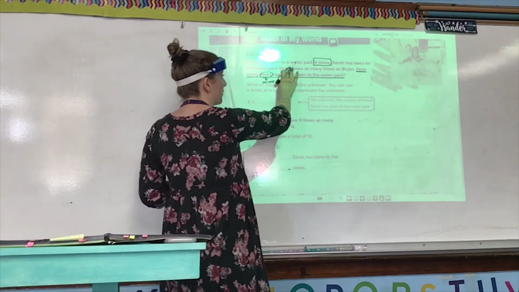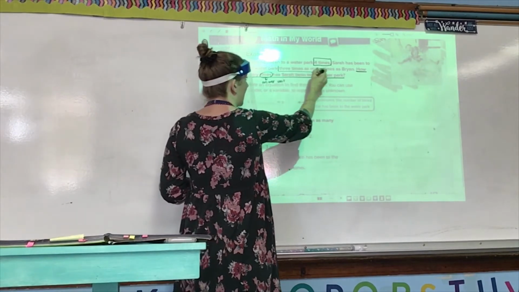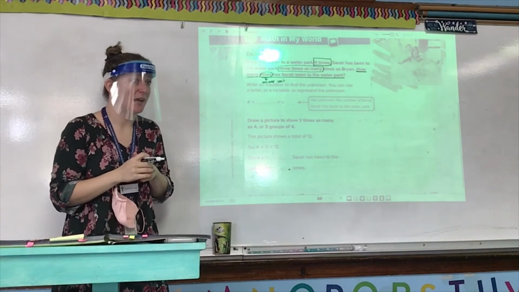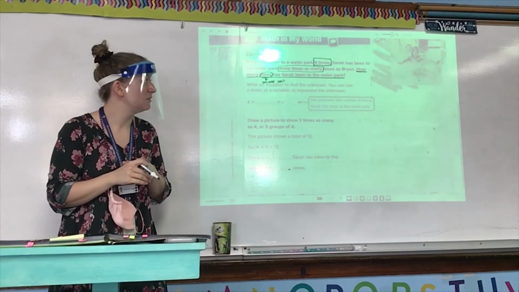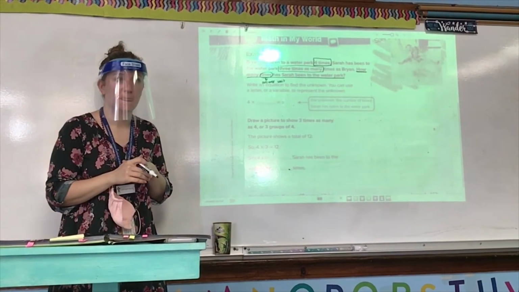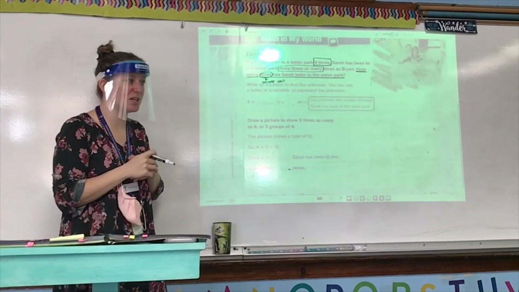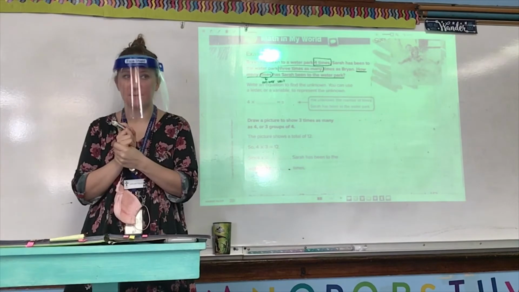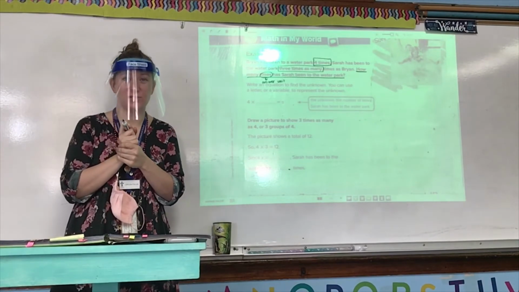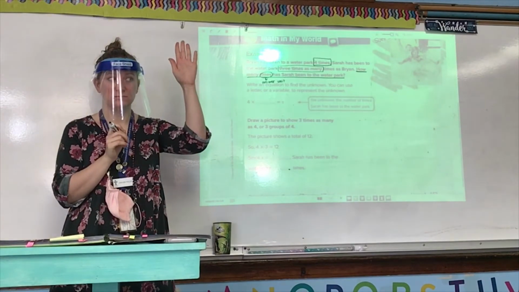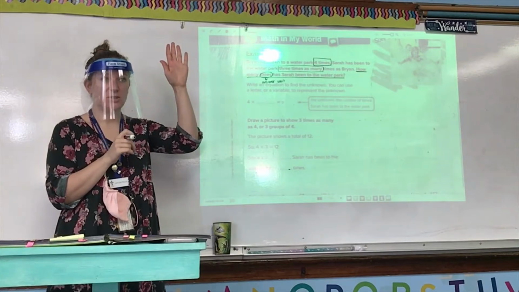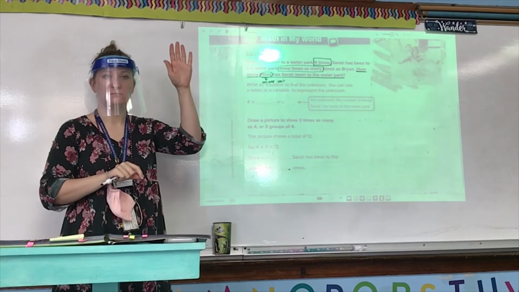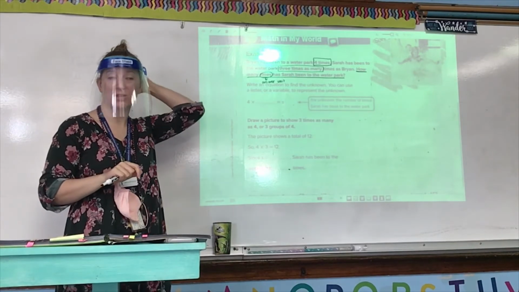So here we have 3, and then we have times as many. That means my other number has to be 3. But do I have the words, this is 3 times as many as blank? So am I doing multiplication or division? Do I have this is 3 times as many? Michaela? No.